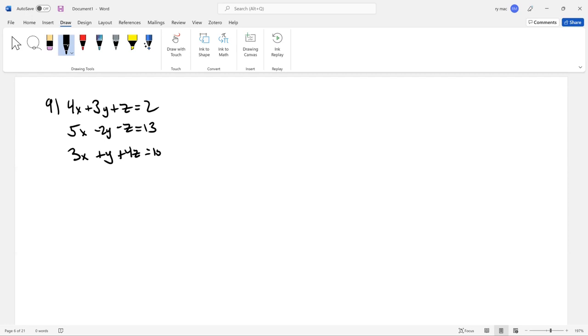So I'm going to combine the first 2 equations, since those 2 don't require any multiplication to get rid of z. So I'll just rewrite them. 4x plus 3y plus z is equal to 2. And then 5x minus 2y minus z is equal to 13.